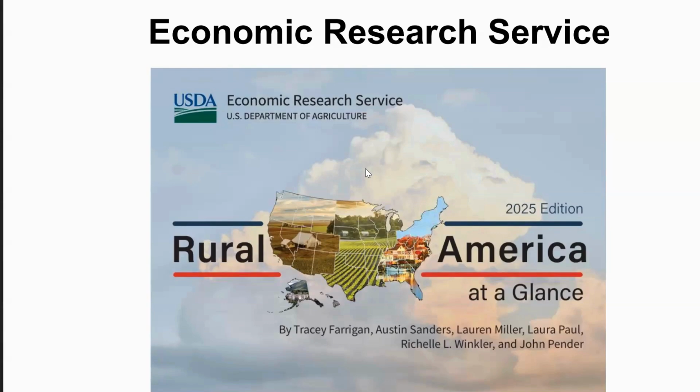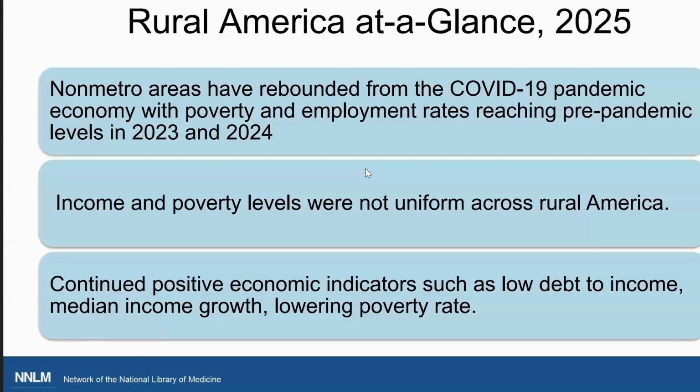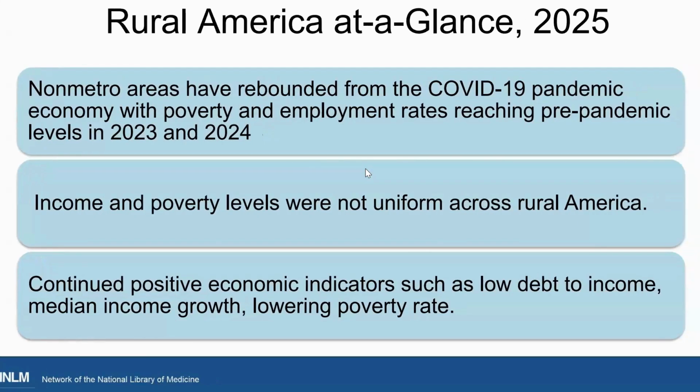This report is looking at trends in migration, economy, and industry, and is a great source for an informational overview and snapshot of rural America in the past year. They have other data and reports that we will dig into during the live demo, but right now I want to mention this because these are the takeaways from the 2025 report.